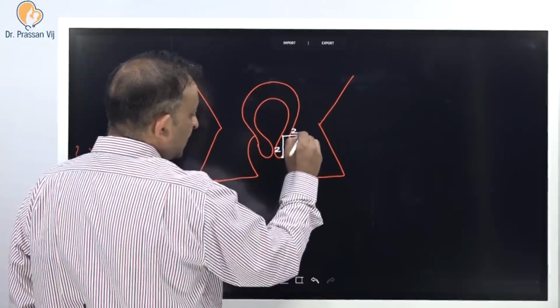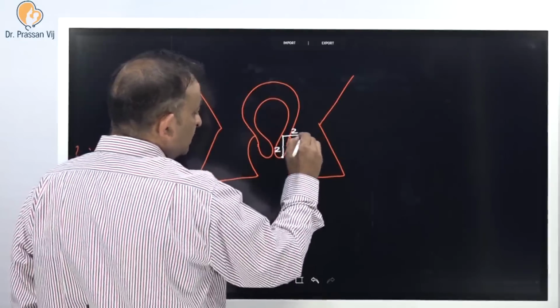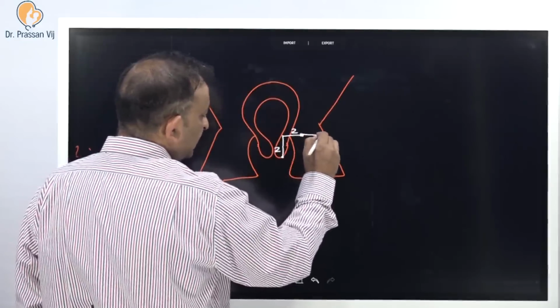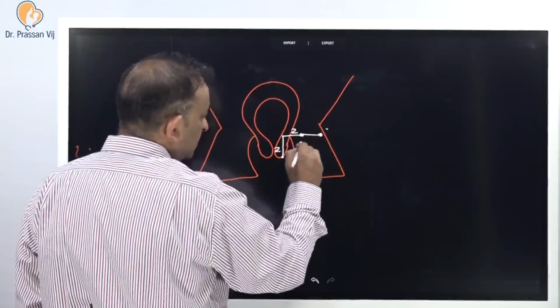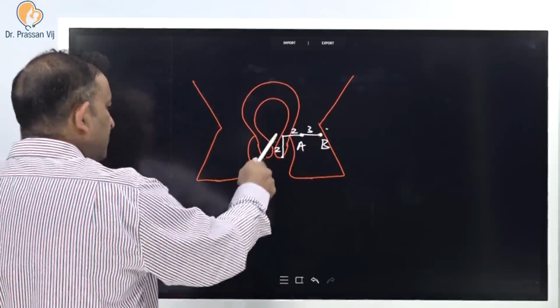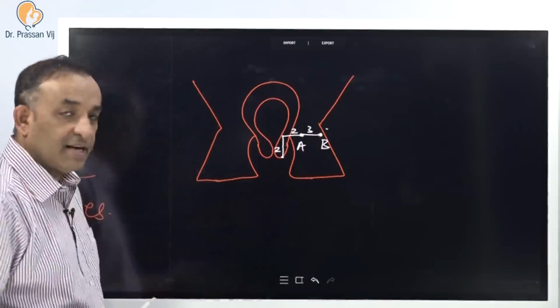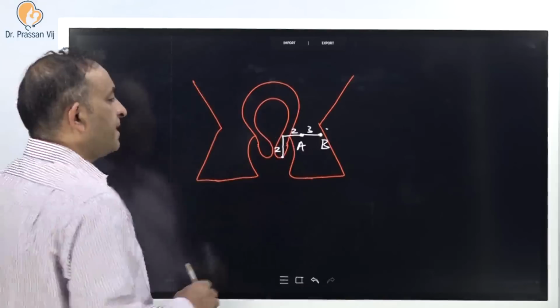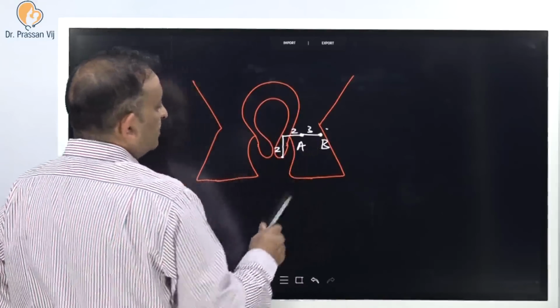This is the point A, and 3 centimeters lateral to the point A is the point B.